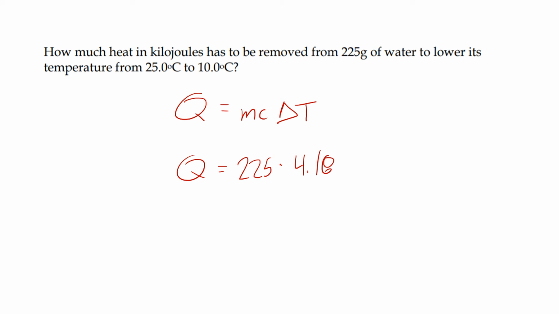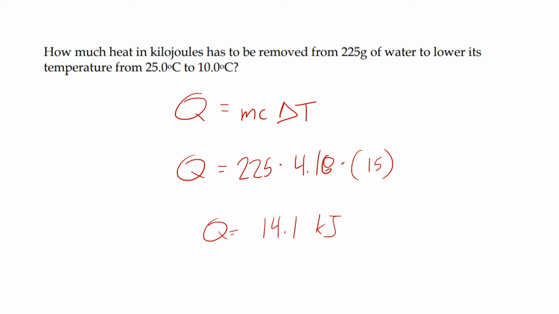So times delta T. Delta T is going to be, we're dropping by 15 degrees. Now, for me, I don't like to worry about the positive or the negative for this value here. I like to think about my answer and then use that. So we're going to get 14.1 kilojoules from here, 14,100 about.